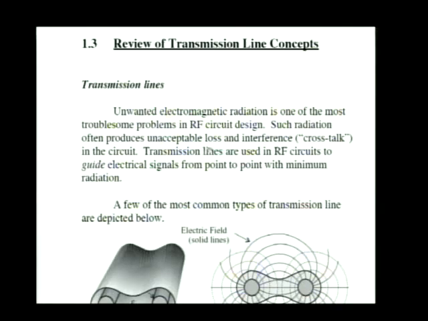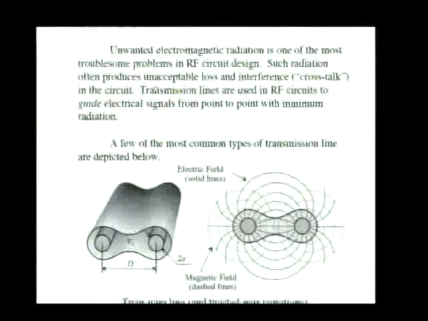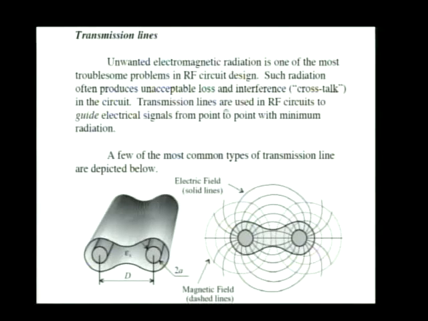We talked earlier about radiation at RF. It's one of the most troublesome problems in RF circuit design because it causes loss and interference or crosstalk in circuits. And so we use transmission lines rather than just regular pieces of wire to connect different locations in RF circuits.